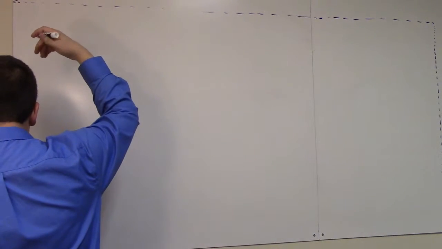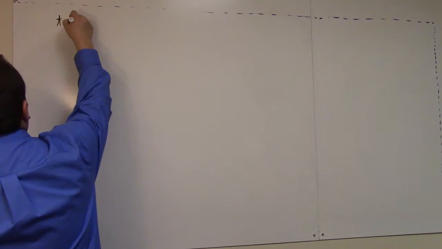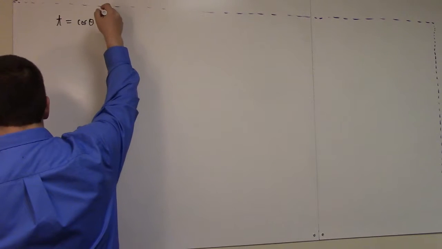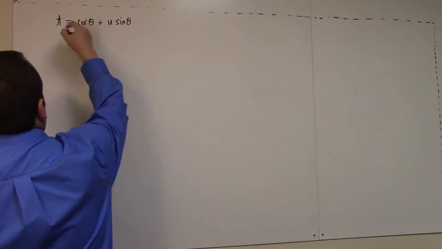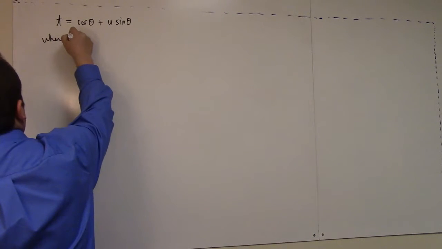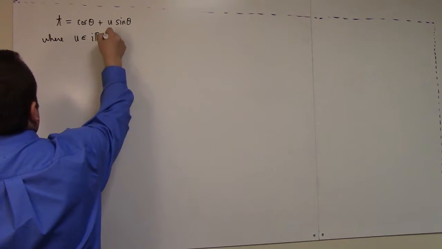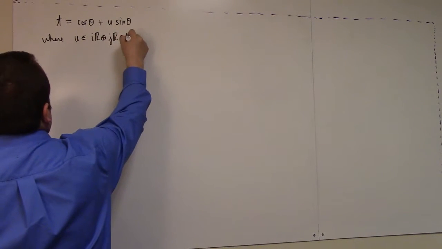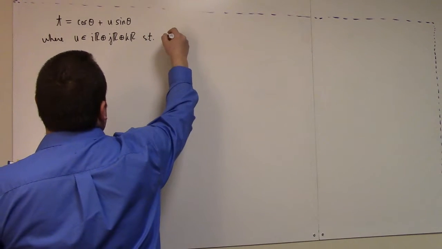He said it's like a complex number, basically something like this: T equals cosine theta plus u sine theta, where u is an element of IR plus JR plus KR, such that u squared is equal to -1.